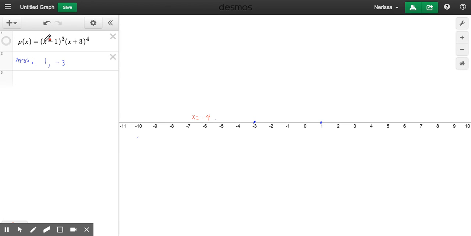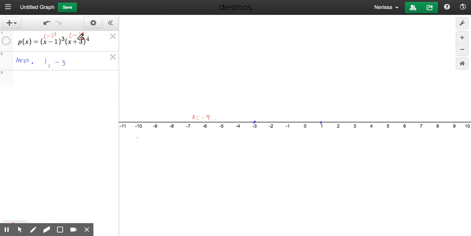Now we plug in -4 to x, so this becomes -4 minus 1, which is -1 to the third. That means negative times negative times negative, which gives us a negative. And for x plus 3, -4 plus 3 gives us negative, but this time it's to the fourth.